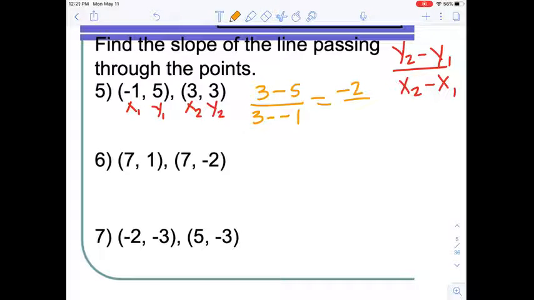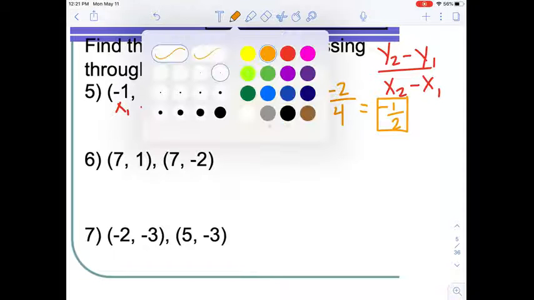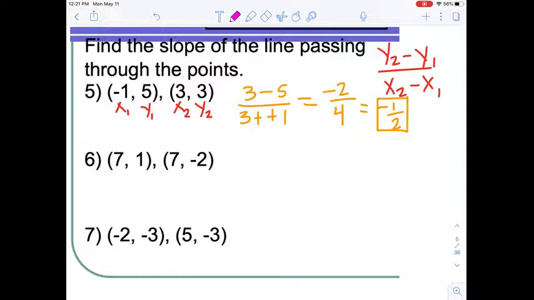And then I'm going to simplify. 3 minus 5 is going to give me negative 2. And then 3 minus negative 1 turns into plus. And 3 plus 1 is 4. So my slope is negative 2 over 4. We always simplify our slope. Negative 2 over 4 simplifies down to negative 1/2. And there's our slope.